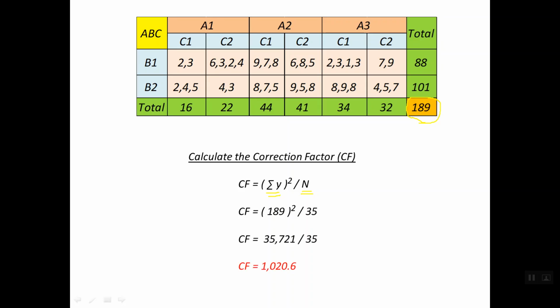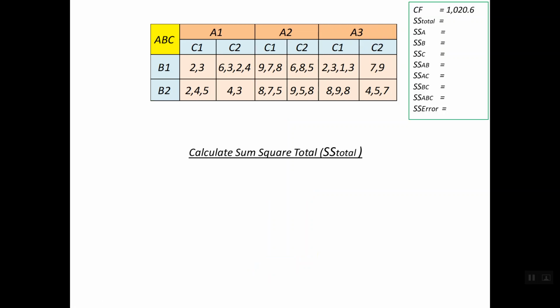So you will get the value of the correction factor to be 1020.6. Notice that all the calculated values are already filled inside this table at the corner.